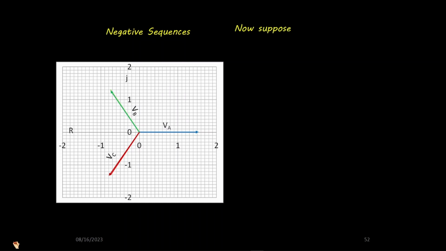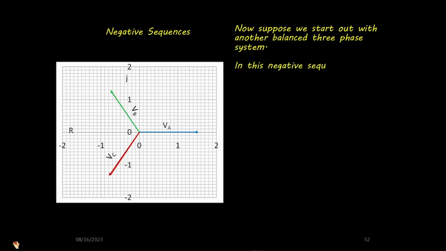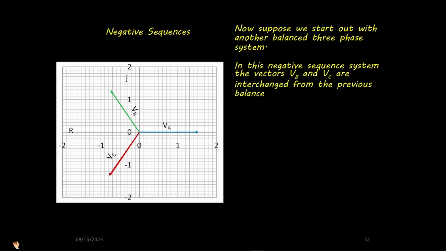Now suppose we start out with another balanced three-phase system. In this negative sequence system, the vectors VB and VC are interchanged from the previous balanced system.